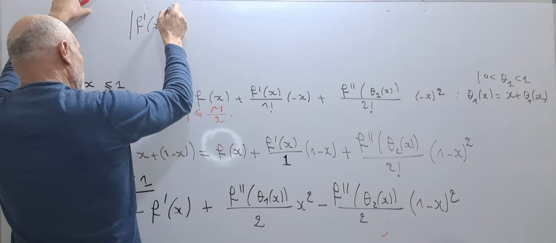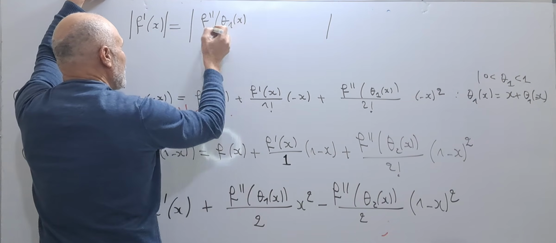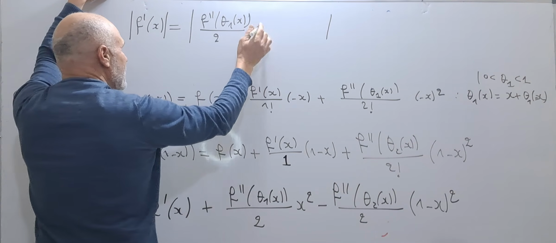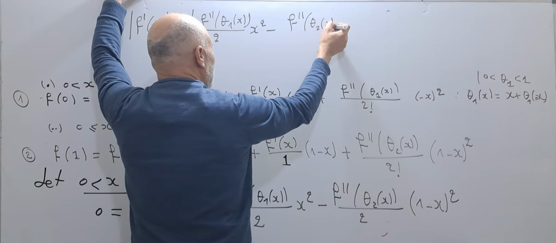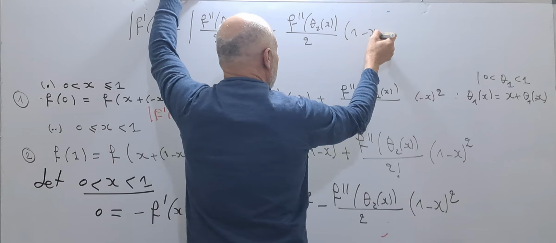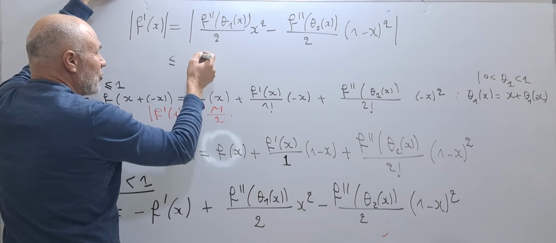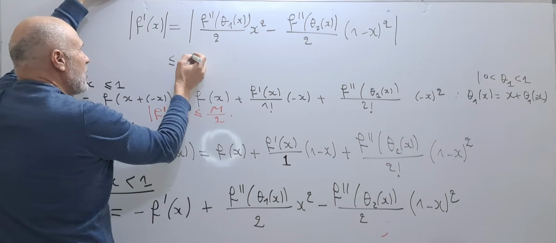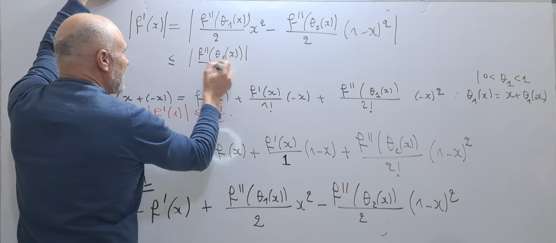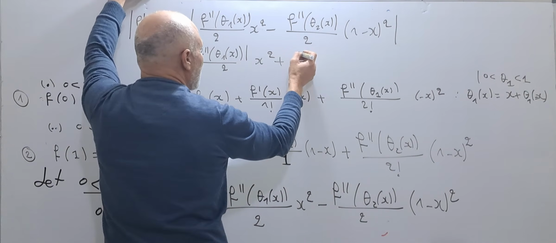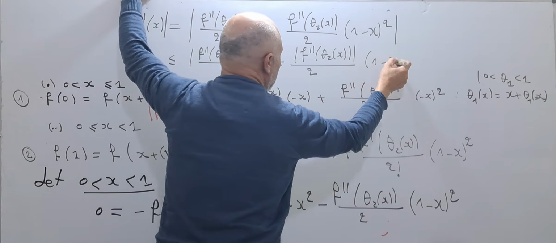But if we take the absolute value, this will be equal to the absolute value of f double prime of theta 1 of x over 2 times x squared minus f double prime of theta 2 of x over 2 times (1 minus x) squared, which is less than or equal, by the triangle inequality, to the first one plus the second one: f double prime of theta 1 of x over 2 times x squared plus f double prime of theta 2 of x over 2 times (1 minus x) squared.